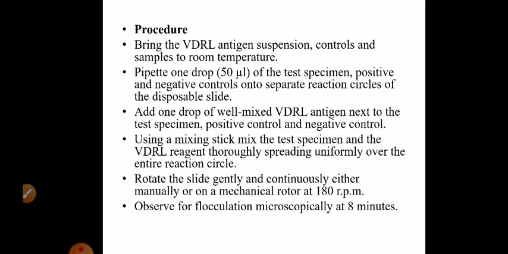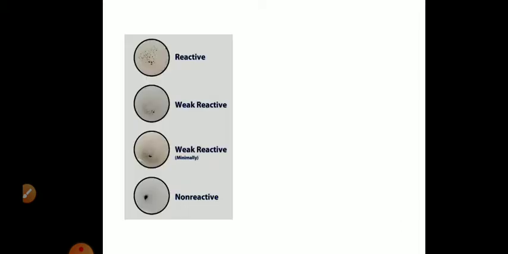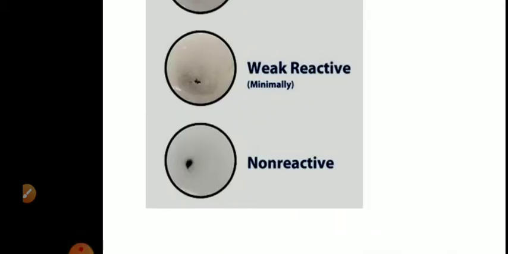Mix with the mixing stick properly and spread it uniformly over the entire reaction circle. Rotate the slide gently, either mechanically or on a rotator at 180 RPM, and observe the flocculation reaction after 8 minutes.